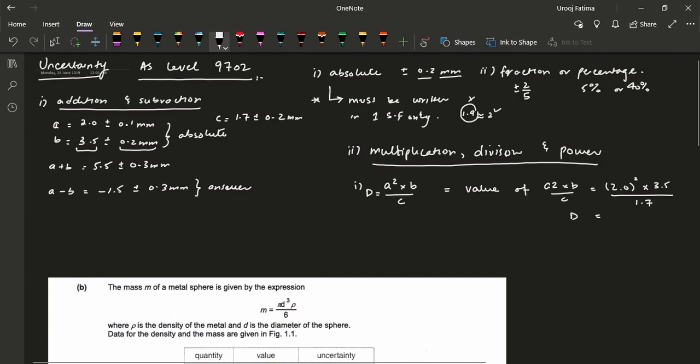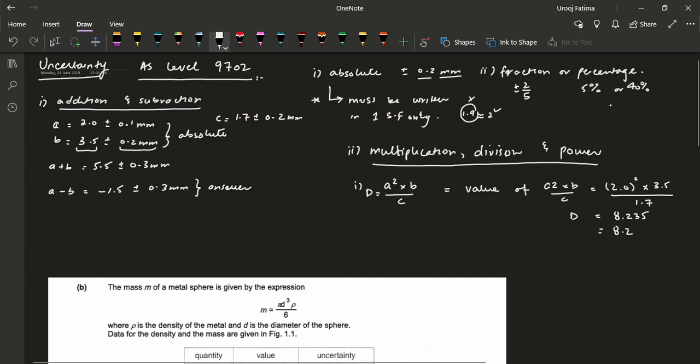On my calculator the value is 8.235, but because I'm taking all the values in two significant figures, I'm going to take it as two significant figures, and that's 8.2. Now I got the answer here, right?